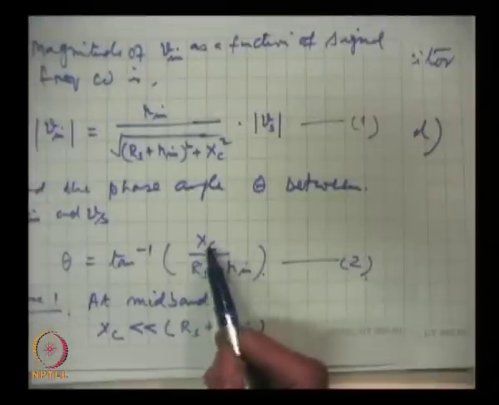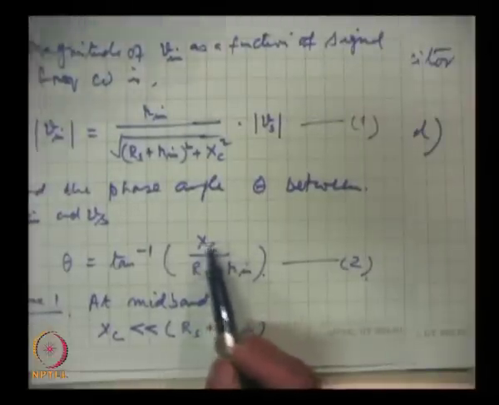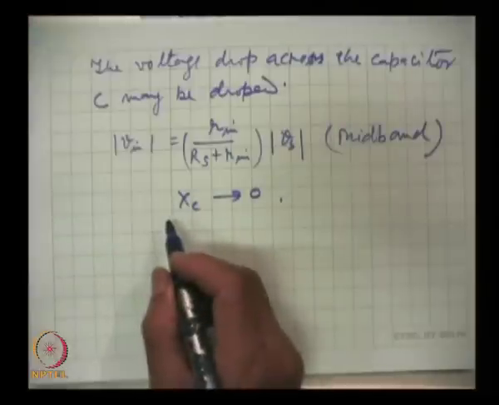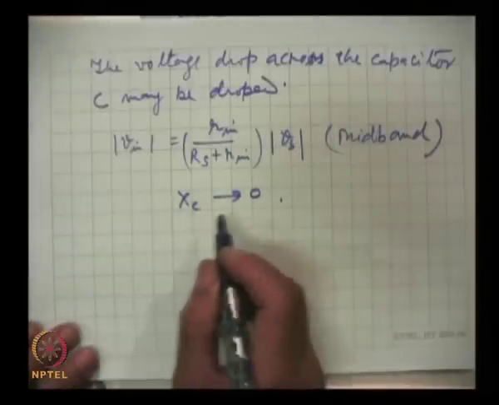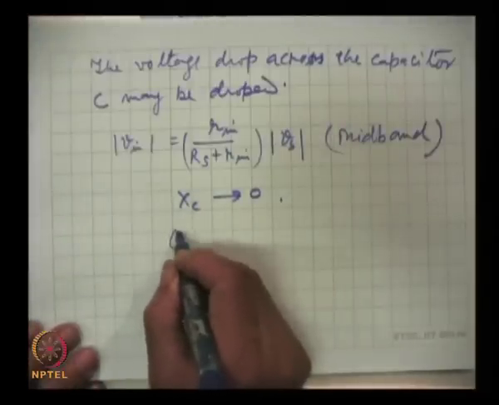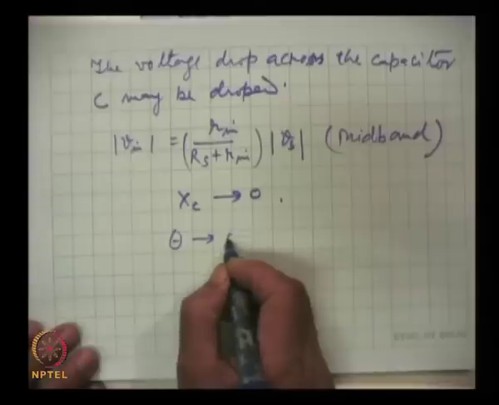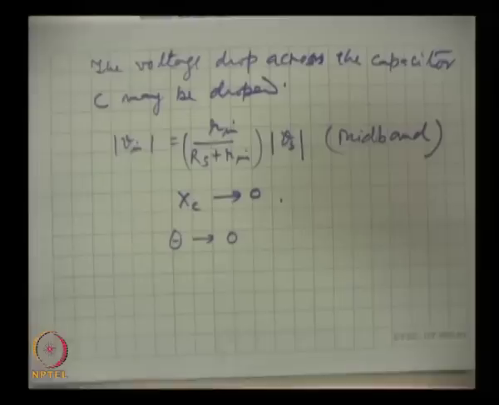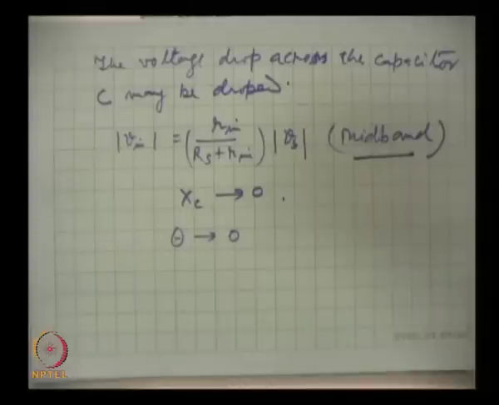If Xc tends to 0, then theta will be tending to 0. So, there is no phase angle between signal Vs and Vin. So, that is why we get at the midband frequency independent behavior of the amplifier.